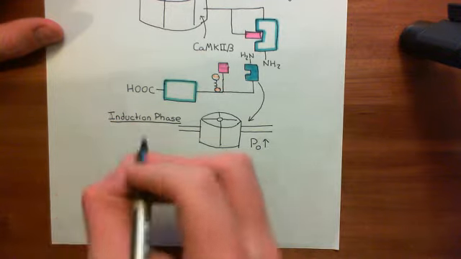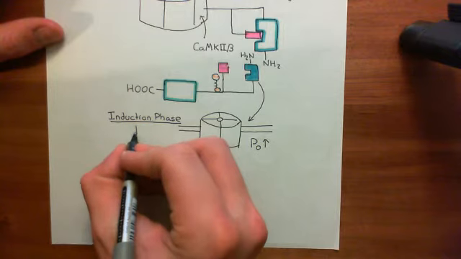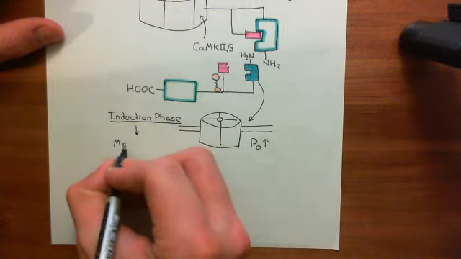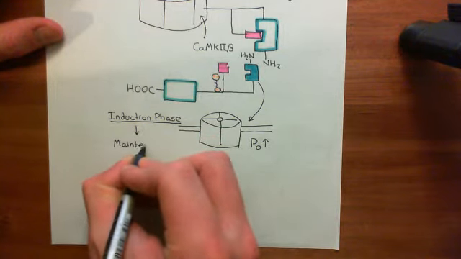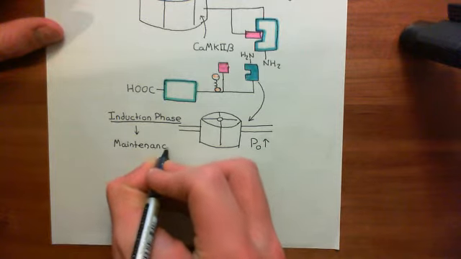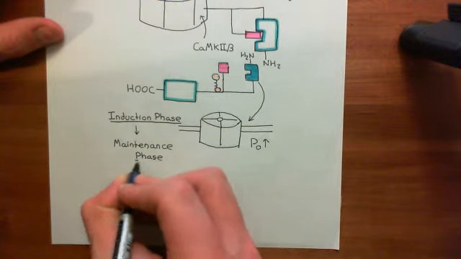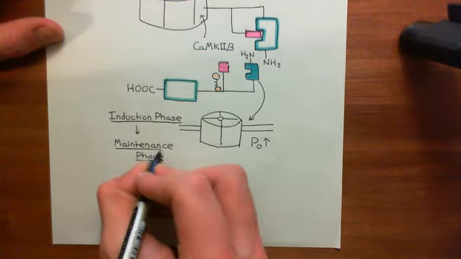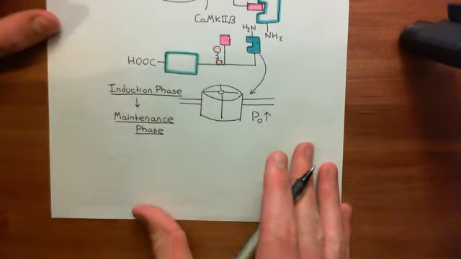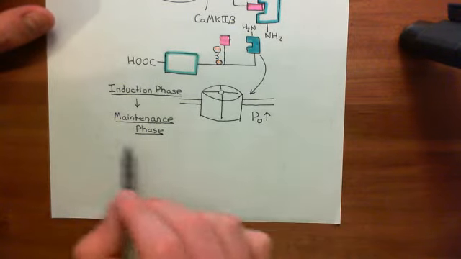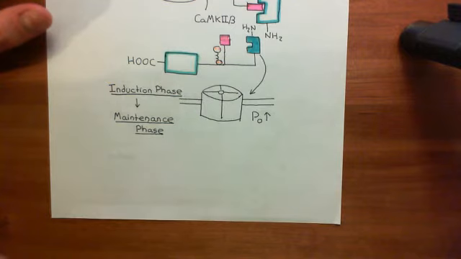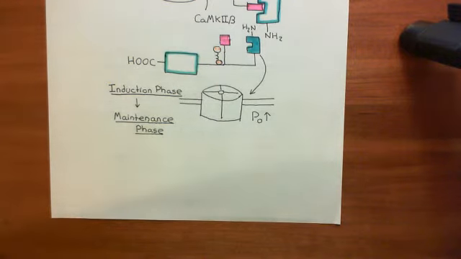Okay, longer term, what you then have is the maintenance phase of long-term potentiation, which is that you increase the actual number of AMPA receptors on the membrane of the postsynaptic cell, so that the postsynaptic cell becomes more sensitive to glutamate, basically. Okay, so those are the postsynaptic changes which you make in long-term potentiation to trigger this increase in the excitatory postsynaptic current that you get for a certain glutamate signal.